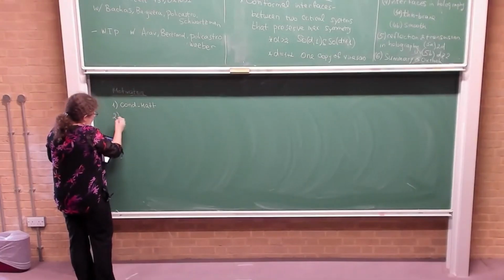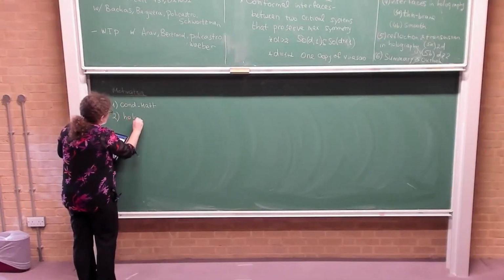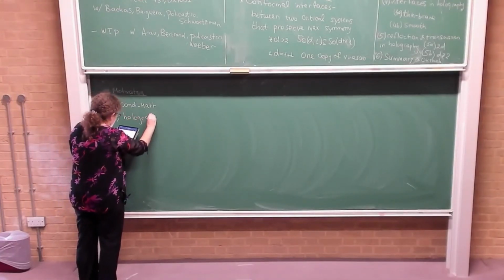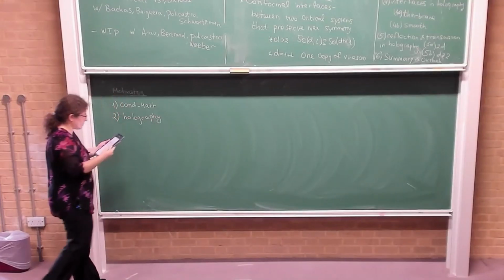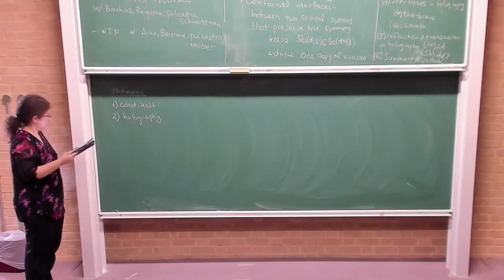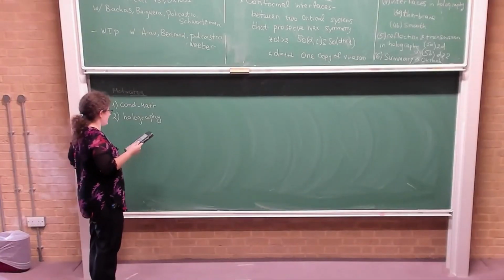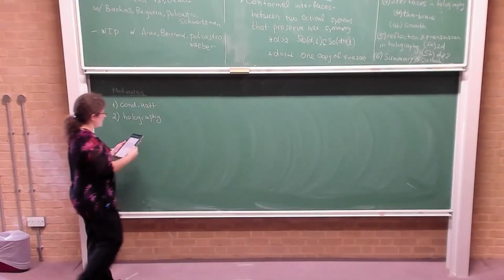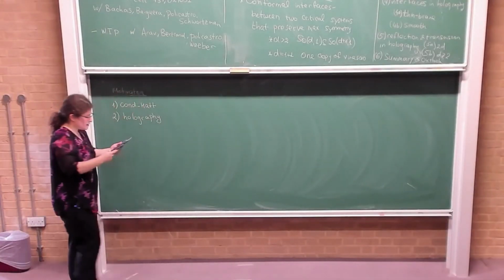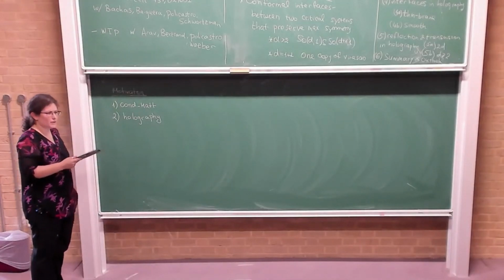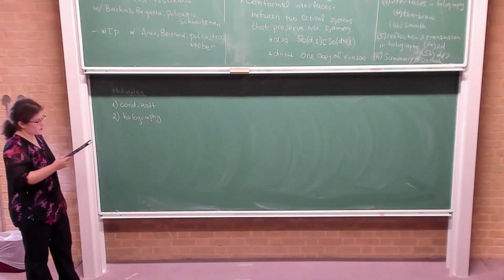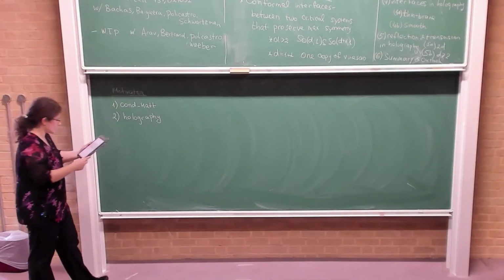We find them in holography, which is a duality between quantum conformal field theory and gravitational systems, where we see them as dynamical branes in AdS where gravity can be localized, and we see them in supergravity solutions such as Janus.